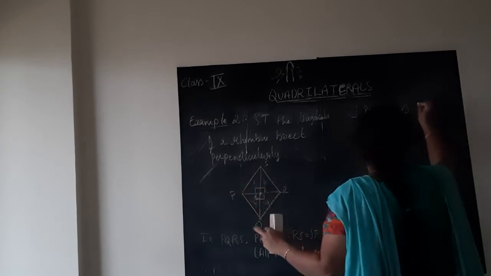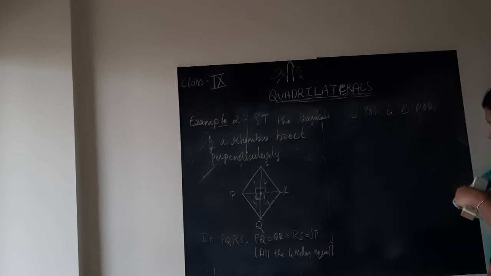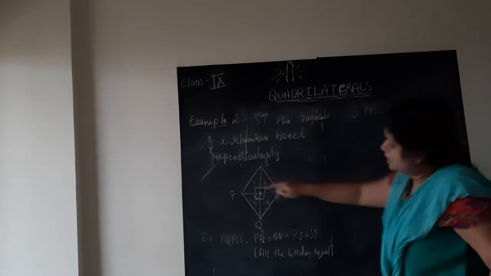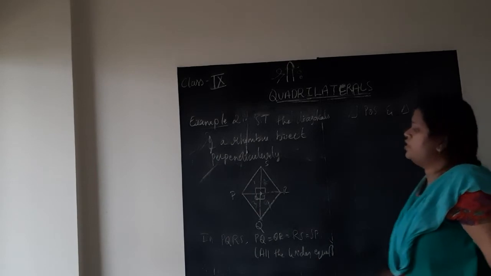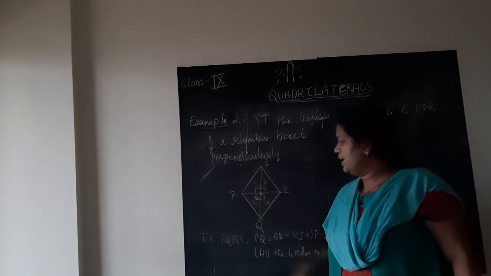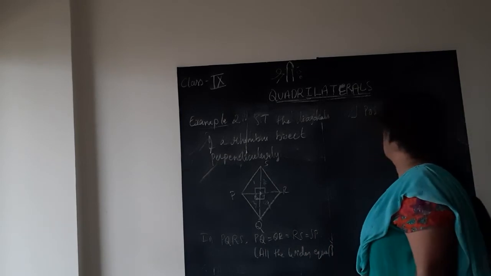I will take triangle POQ. In these two triangles, children, OP is the common side. Agree? OP is the common side.